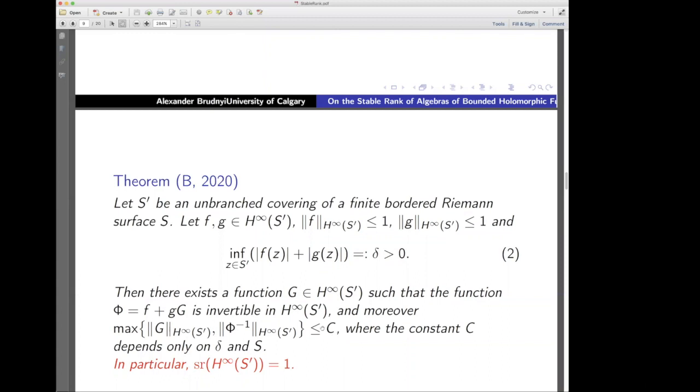All the norms are bounded by some constant C, where the constant C depends only on delta and on the underlying surface S. Okay, and that's it. It does not depend on the choice of the covering, actually.